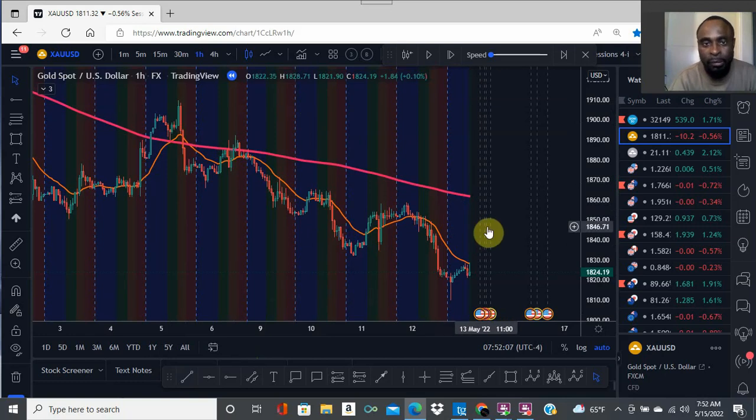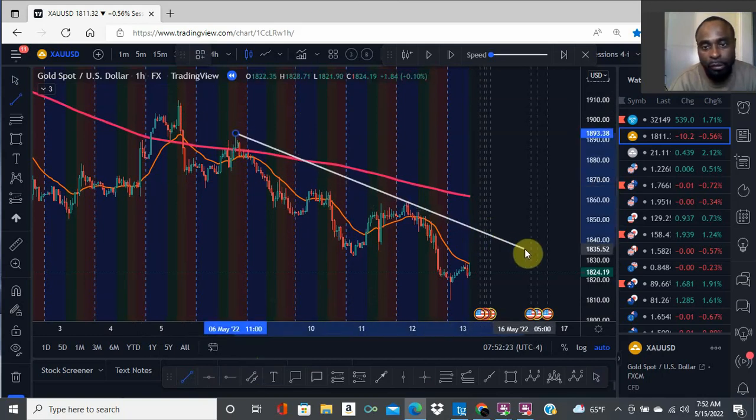I'm going to put it probably even lower, because if you draw a trend line, you want to see price respect that trend line. I could go from the top here to the bottom, but I'm going to go from this area to this area.